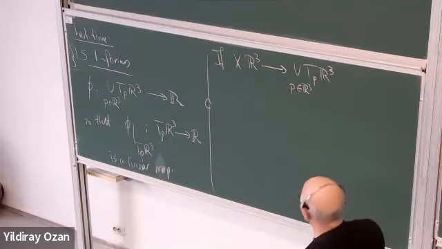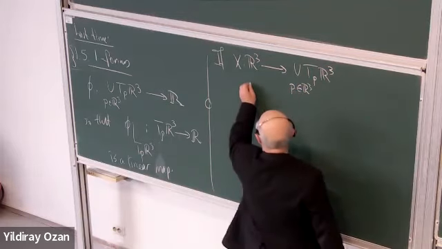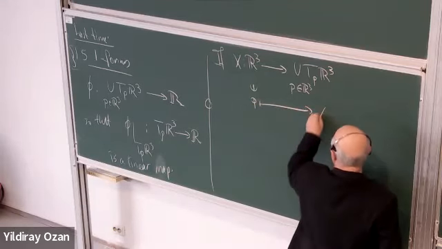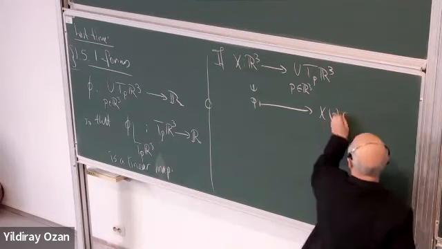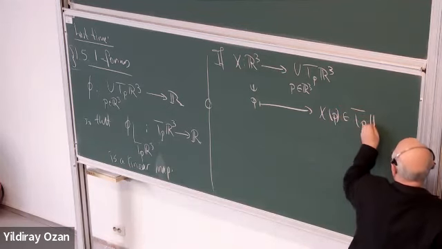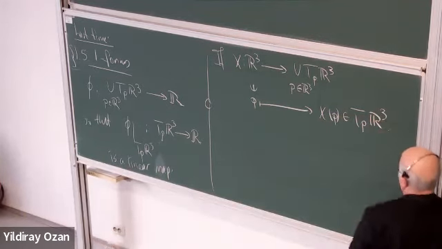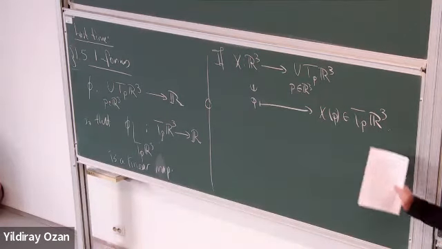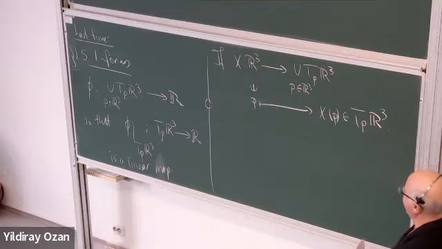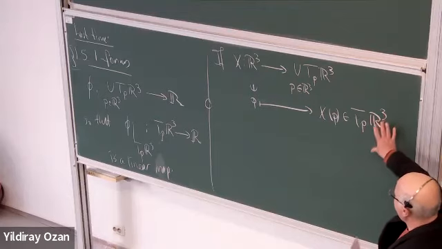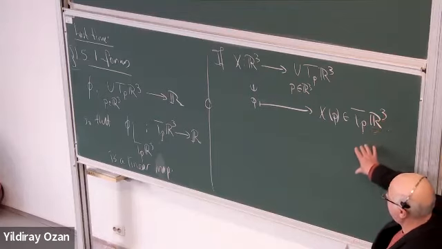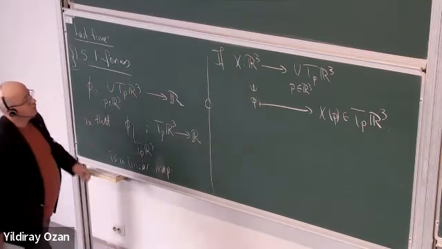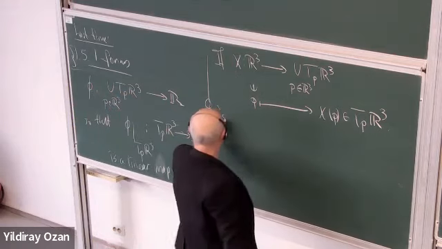So whenever you give me a point, it gives us a vector at the tangent space to R3 at the point P, okay? So if you combine these two, you have a vector field.